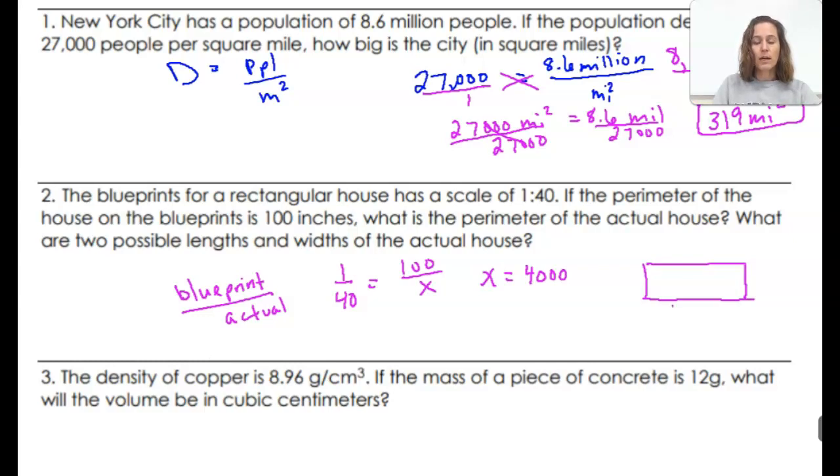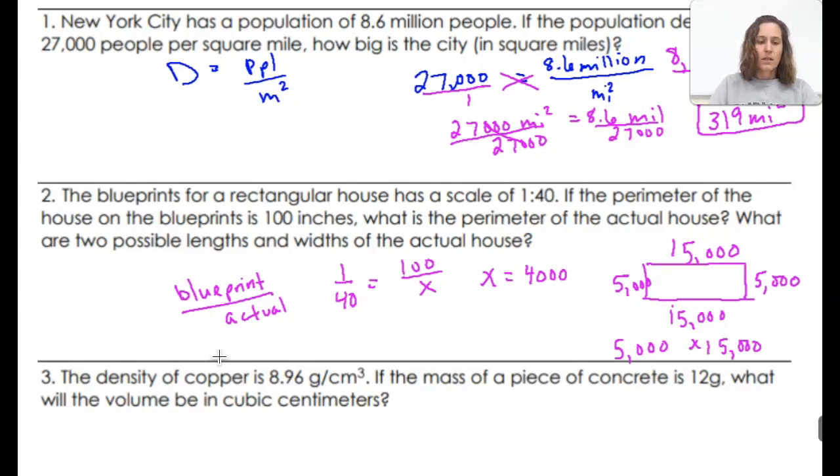You could do 5,000 and 5,000, which would be 10,000. And if you subtract that from 40,000, you get 30,000. Well, if I divide that by 2, I would get 15,000 and 15,000. So one example of dimensions could be 5,000 by 15,000.